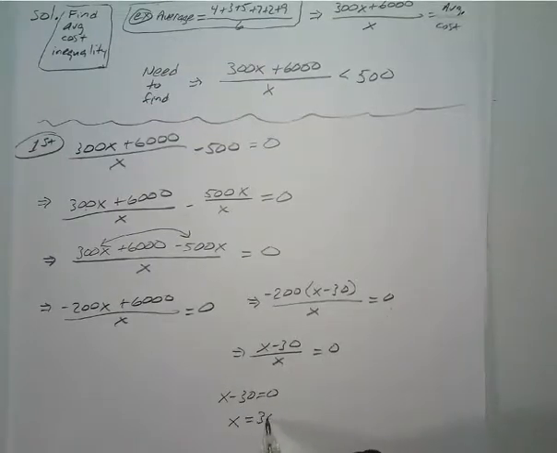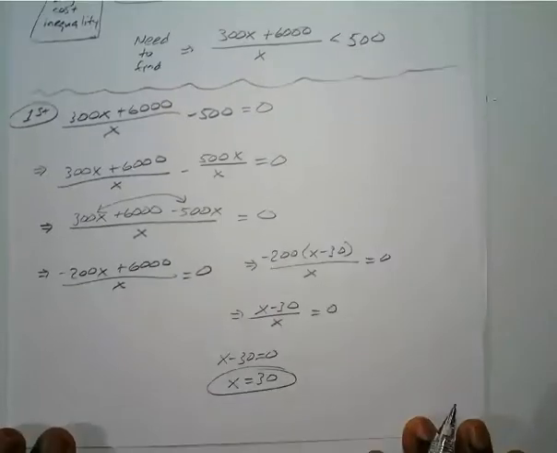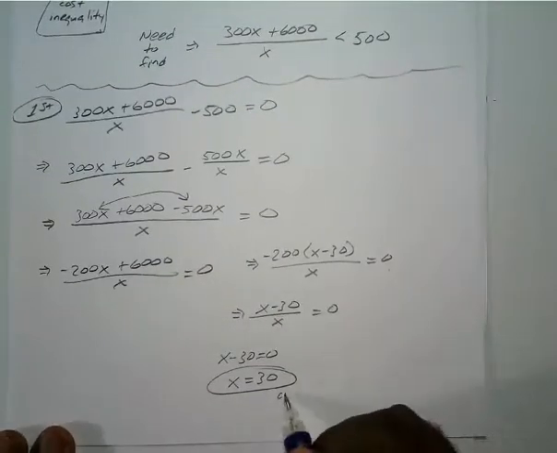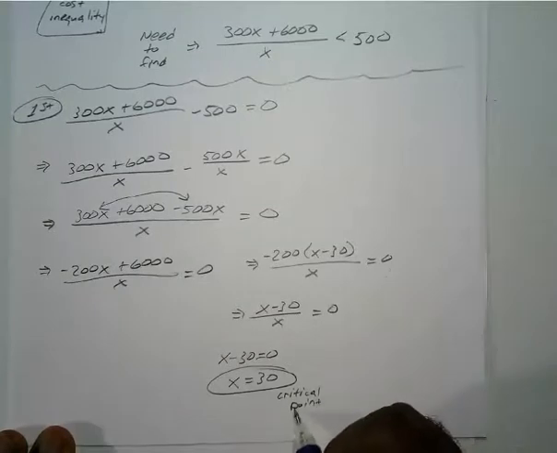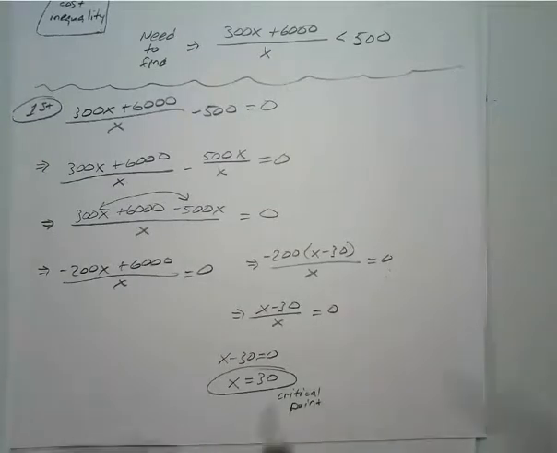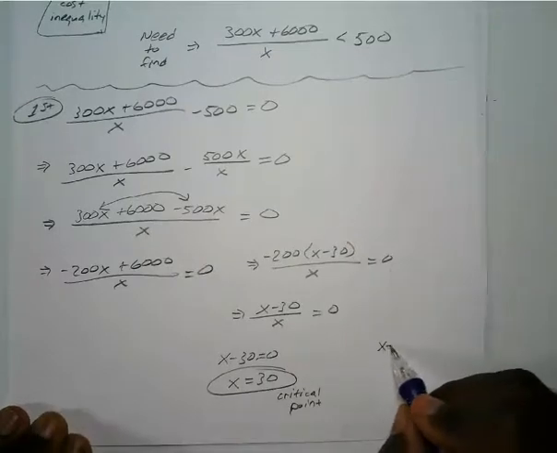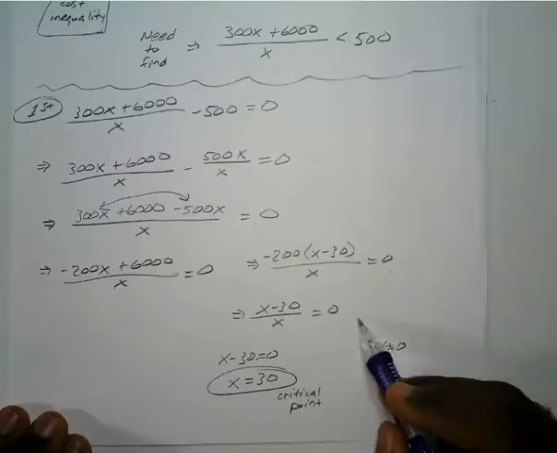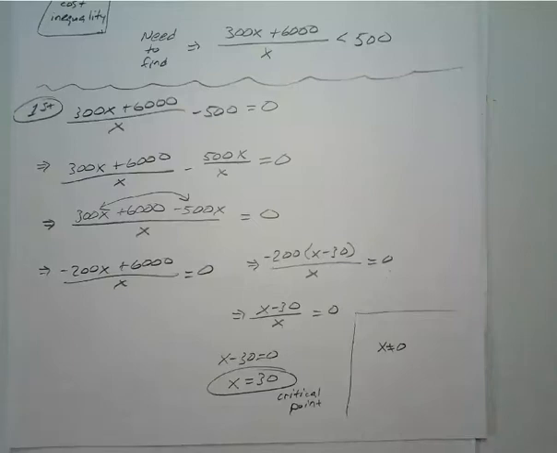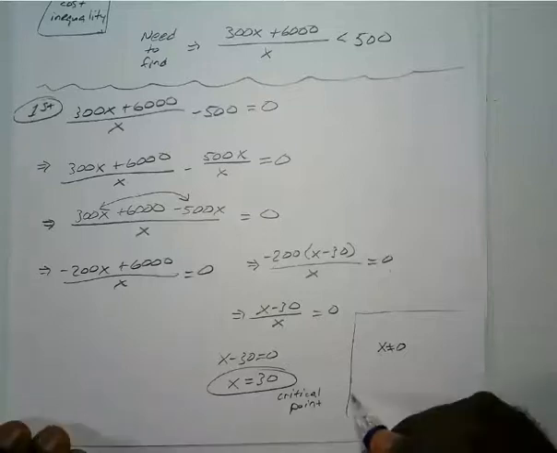We have x equals 30. So that's our critical point. But remember, your denominator can't equal 0. So we know that x cannot equal 0. So we know that x equals 0 is also a critical point.